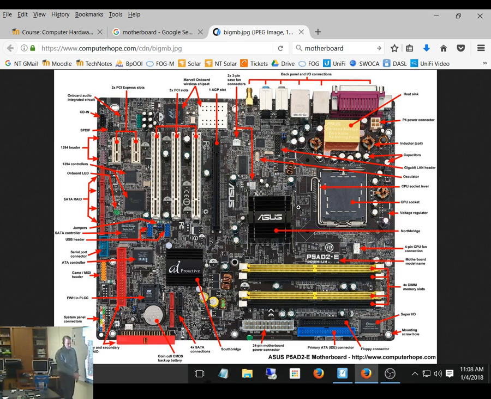What that means is that these are channeled together and these are channeled together. That's why there are different colors. Which means if I get 2 sticks of 8 gig of RAM and I put them in here and here, I have 16 gig of RAM, and I just wasted the fact that this does dual channel architecture. I have to put them in the same channel, so I have to put them here and here for dual channel to work.